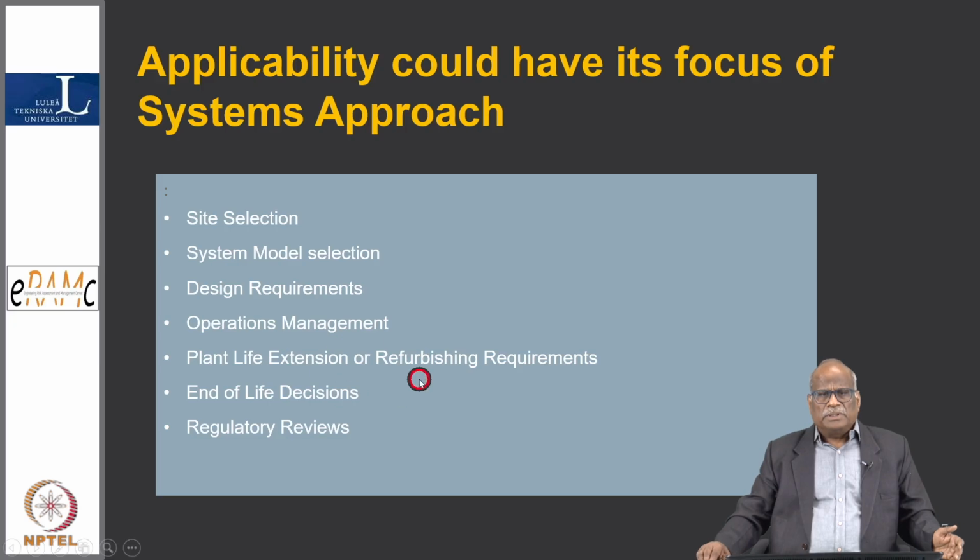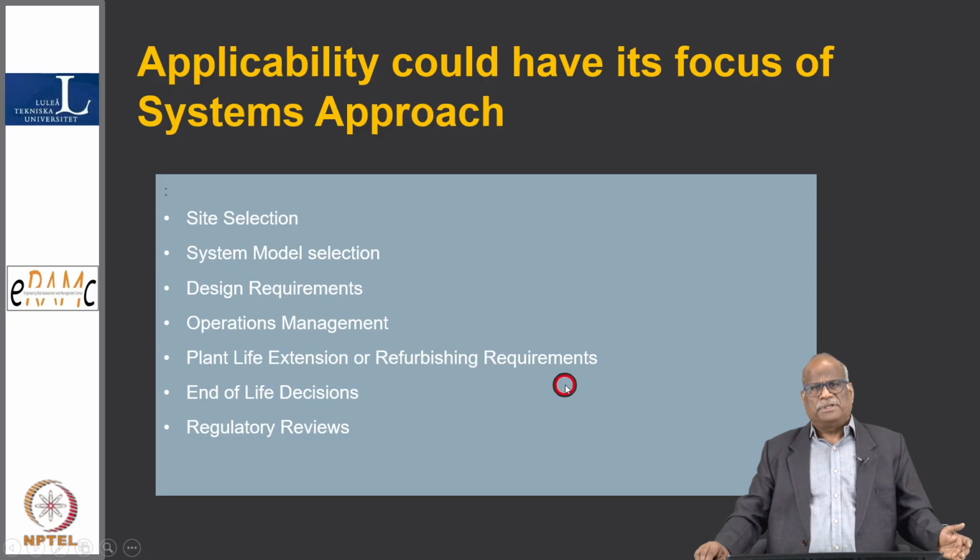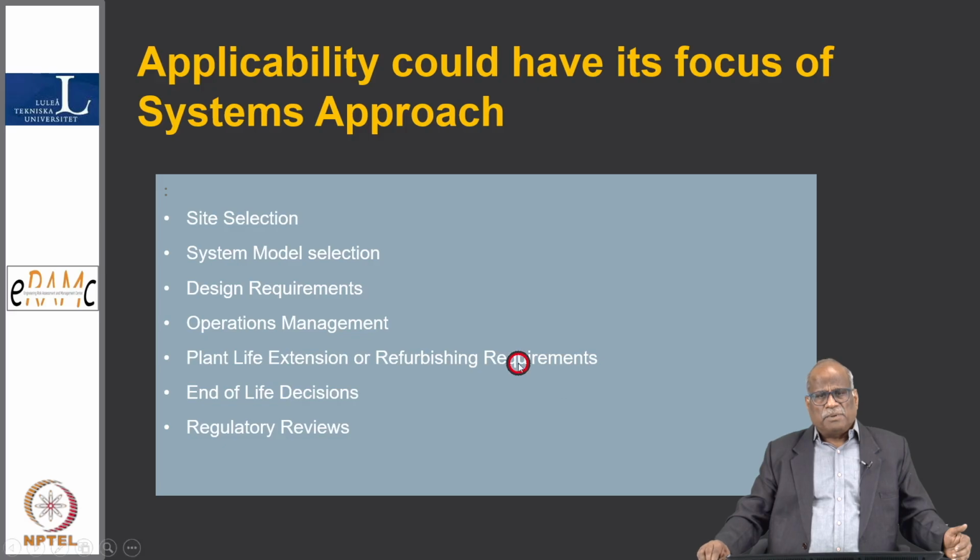And finally we come to the stage of refurbishment. If my plant is going after 30-40 years of operation, if it is entering the aging period, how aging should be managed, and the plant can be restarted with a new mission of, let's say, 10 years, 15 years, 20 years. There are publications in this area, and end of life decision.